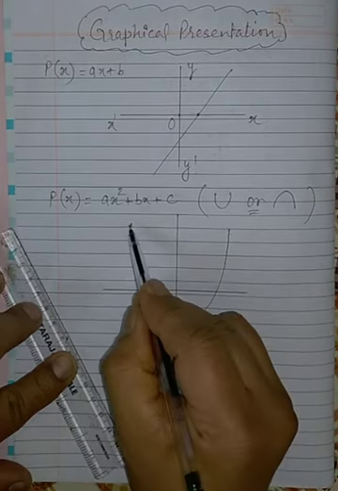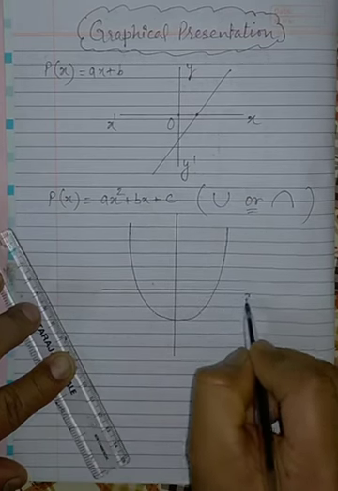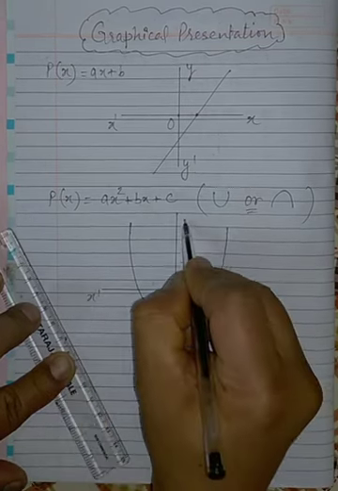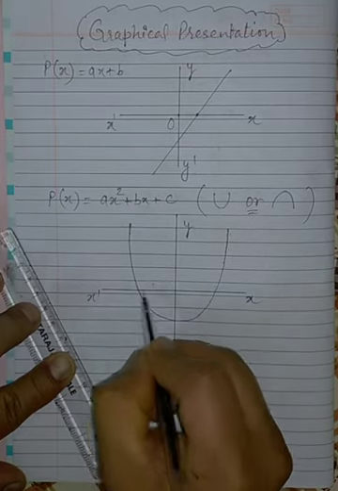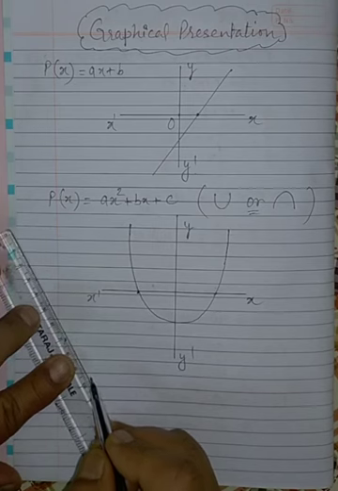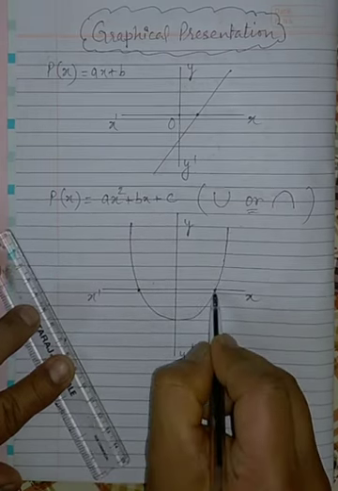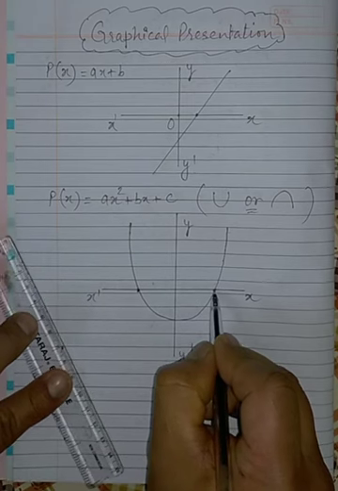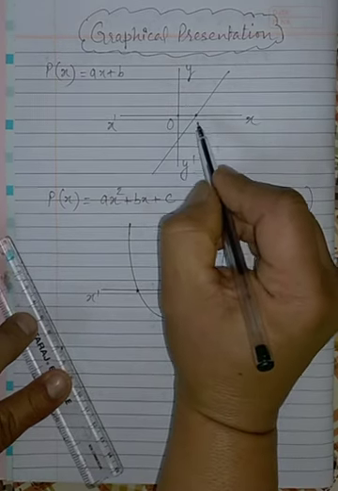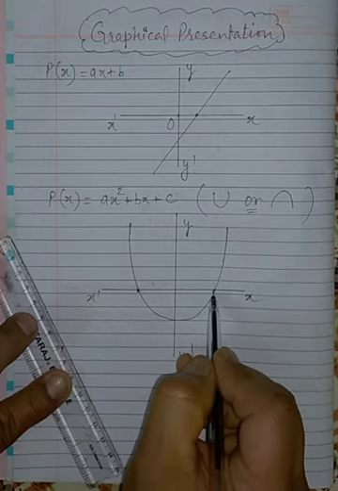You can see here this parabola, this curve is intersecting the x-axis at 2 points, here and here. And these 2 points are the zeros of the polynomial. In the linear polynomial we had 1 zero. In the quadratic polynomial we have 2 zeros.